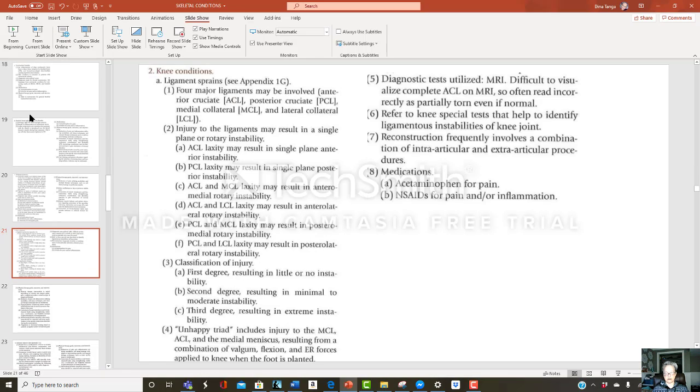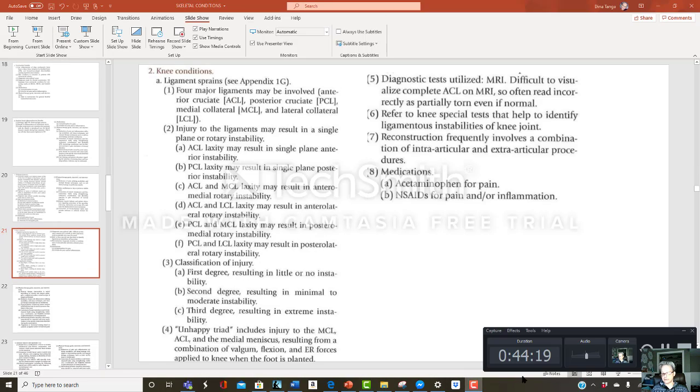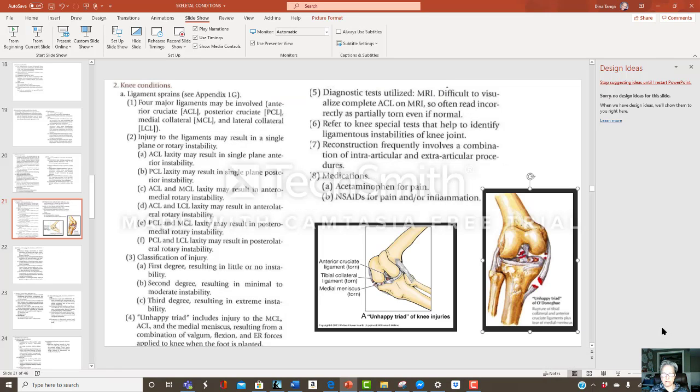So I'm going to go find us a picture. Okay, I went and got us some pictures of the unhappy triad. See the ACL, the medial meniscus, and the medial collateral ligament there.